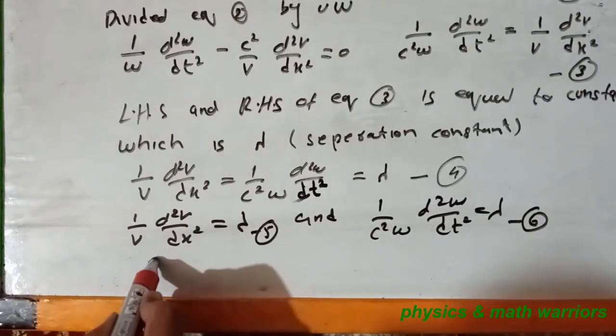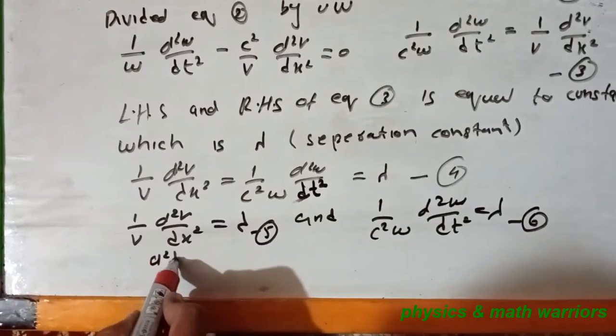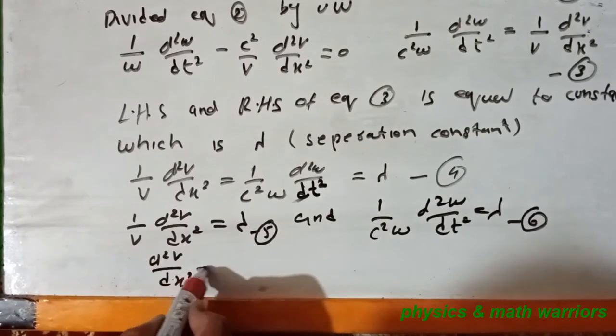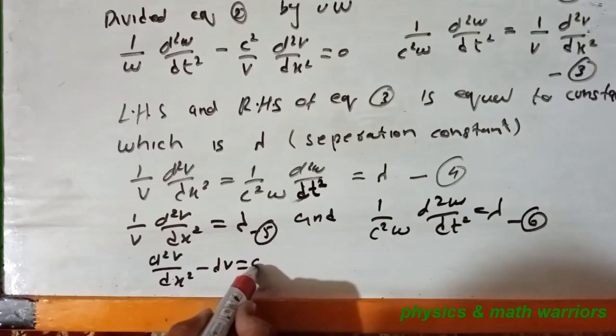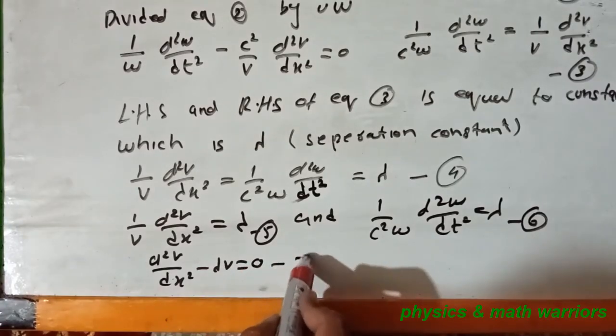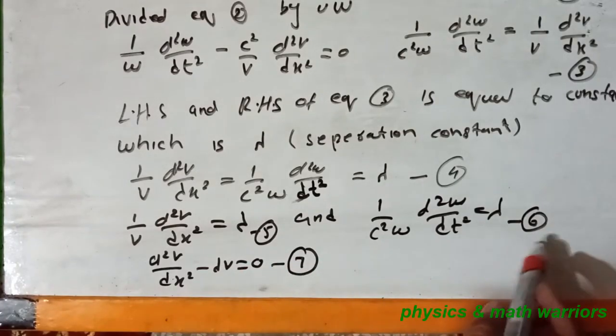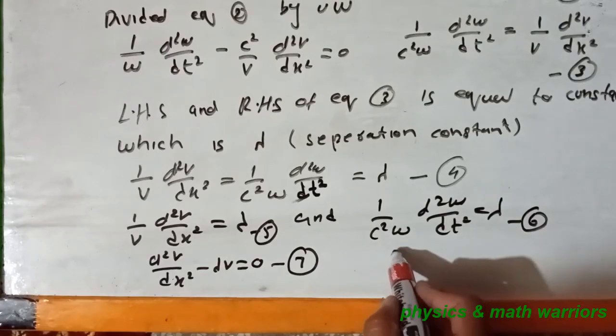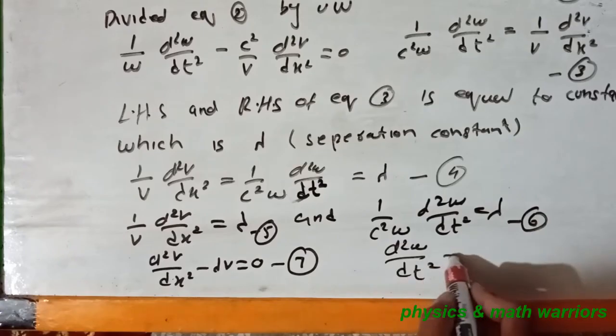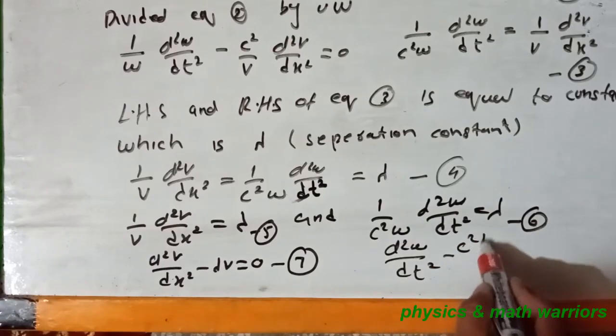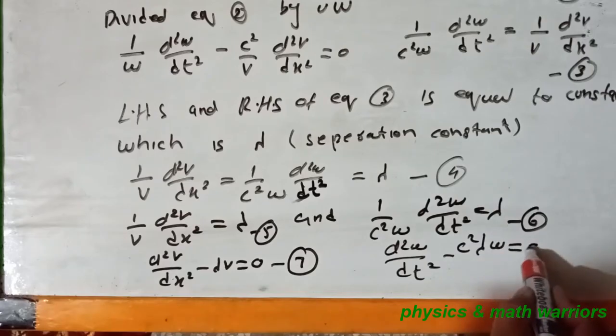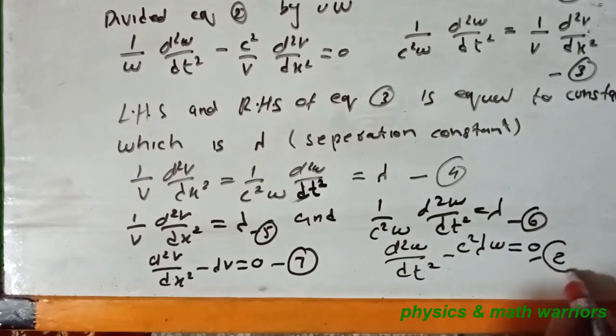Equation 5 can be written as d square v over dx square minus lambda v is equal to 0. This is equation number 7. And equation 6 can be written as d square omega over dt square minus c square lambda omega is equal to 0. This is equation number 8.